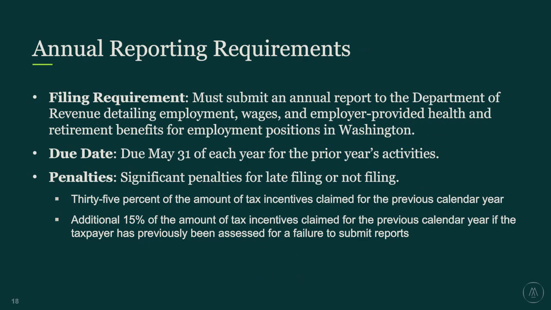Okay, so our final item today is a procedural item, and it's probably one of the more important takeaways from the presentation, which is the annual reporting requirement for the aerospace incentives. This is an annual survey that you're required to file by May 31st of the year after the year in which you took any sort of incentive.